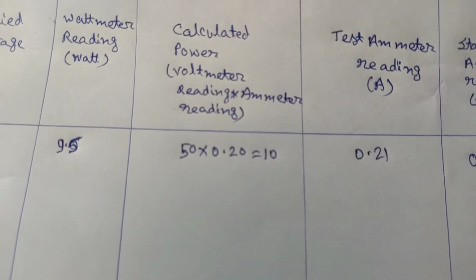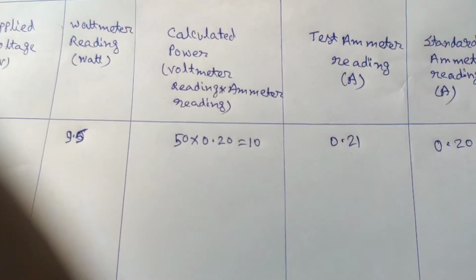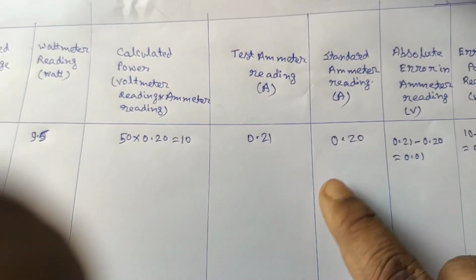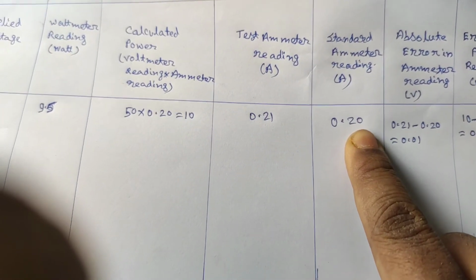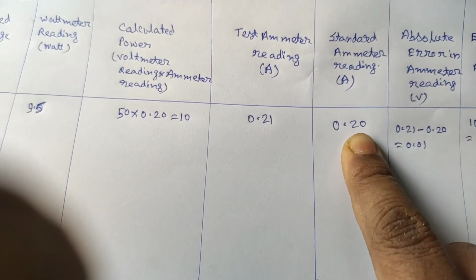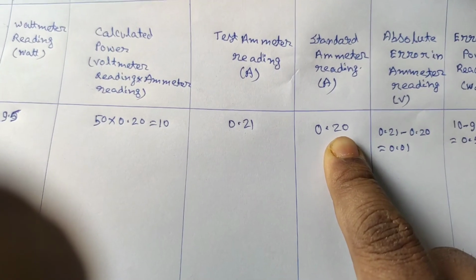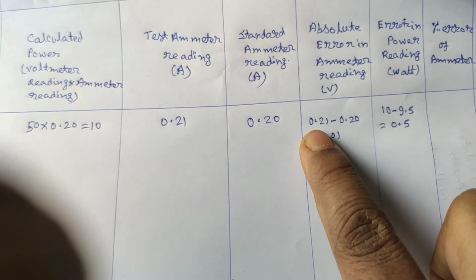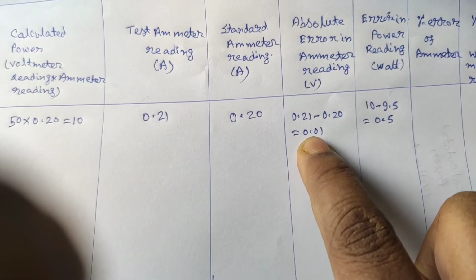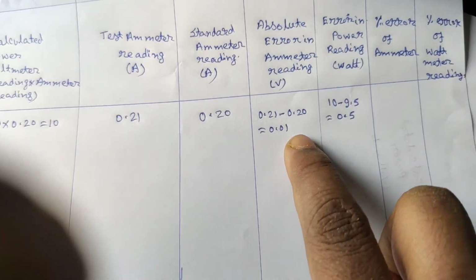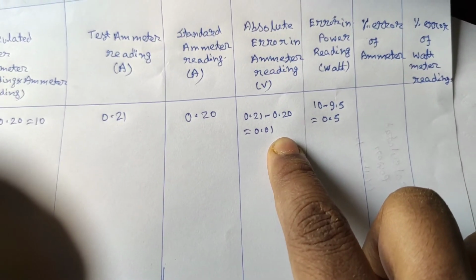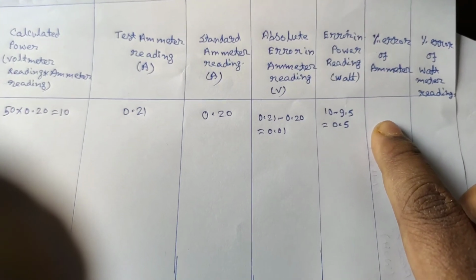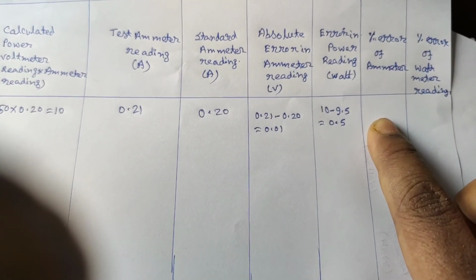Now we need to find out the error between the standard and the test. So this one is my standard ammeter reading. This is my test ammeter reading. So what is the difference between these two? 0.01. If I multiply it by 100, then here we will get the percentage error.